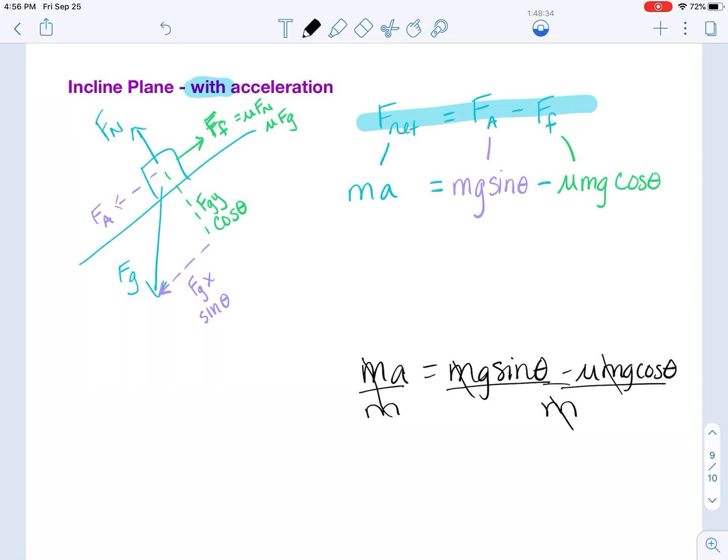Some of you have not been able to continue a problem that you've set up correctly because you weren't given the mass. And so you felt like without having the mass as a known value, you were not able to continue the problem because you didn't have enough information. If you are ultimately dividing by the mass in your math work, the masses cancel out.